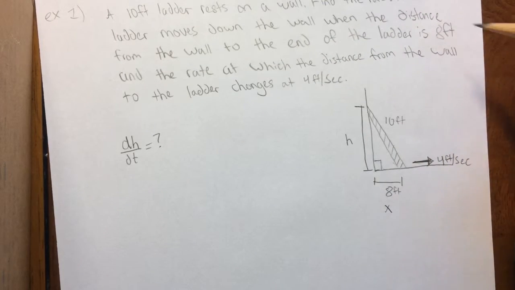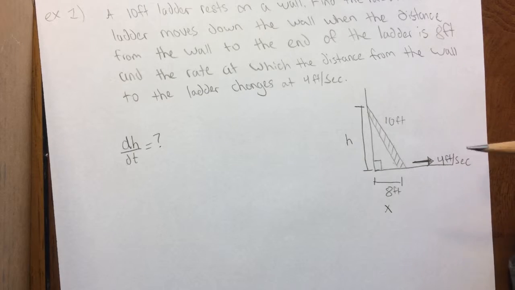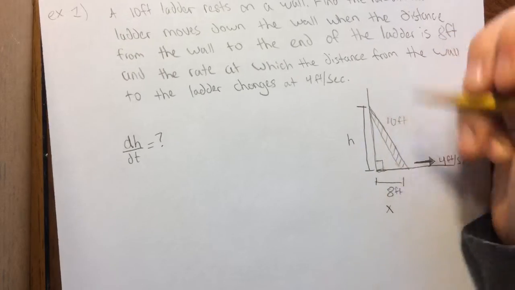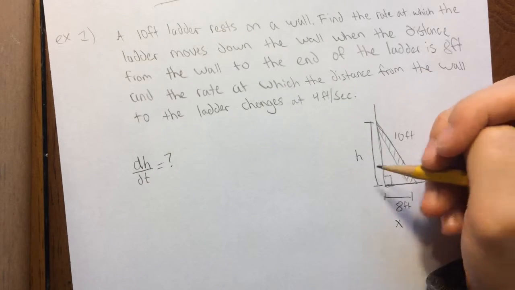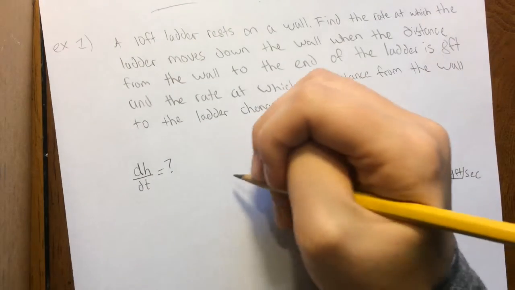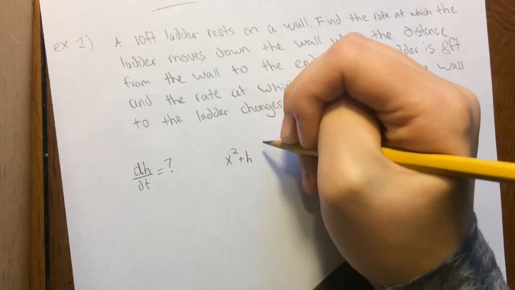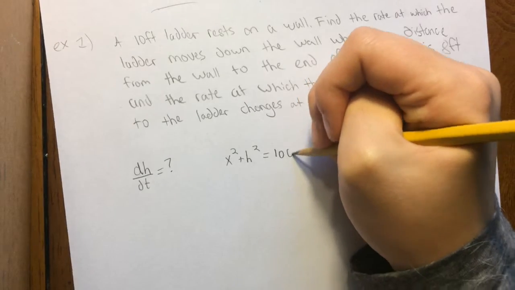Again, what we have to do is find an equation that relates the two variables. Because this is a right triangle, we think of the Pythagorean theorem. Using our variables h and x, we can write x squared plus h squared equals 10 squared, which is 100.